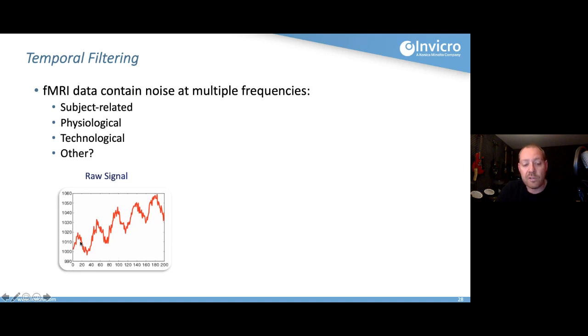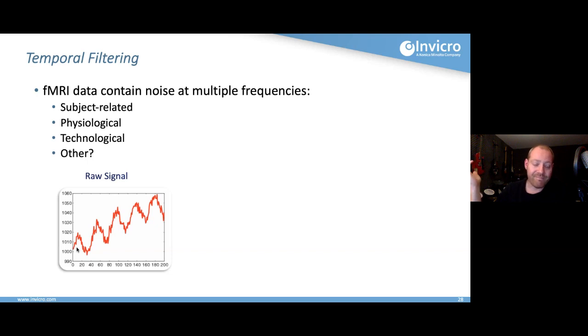One thing you often do see in MRI data is this kind of gradually increasing effect. So this kind of DC gradual slope upwards, and that is usually due to the gradient coils in the scanner just heating up over the course of the scan. So that's something that you don't want to have in your data.